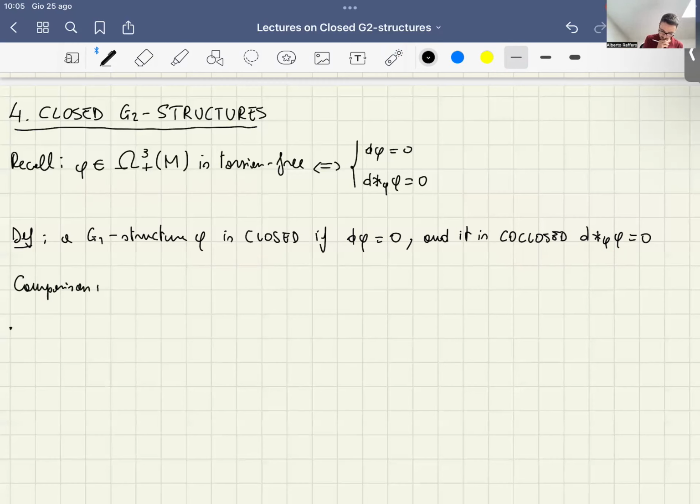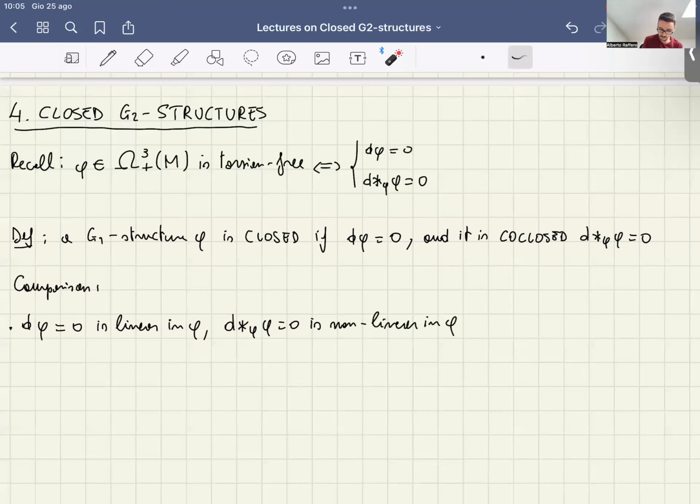So first of all, as you can see, the equation asking phi to be closed is linear in phi, while the condition requiring phi to be co-closed is not. It is nonlinear in phi. And this is because, recall, the Hodge dual is induced by the metric which is induced by phi.